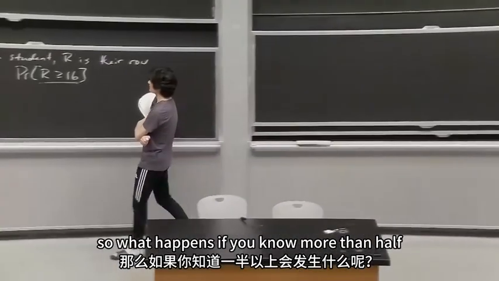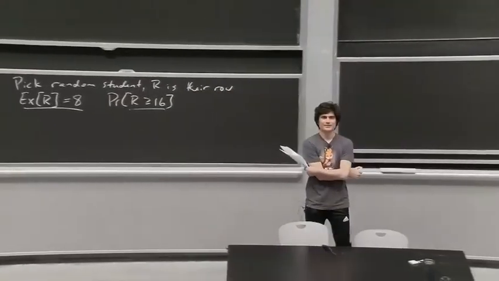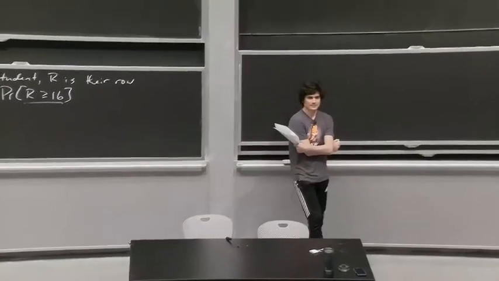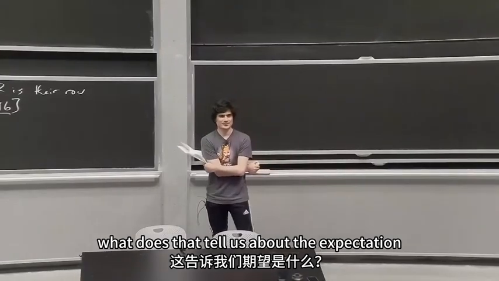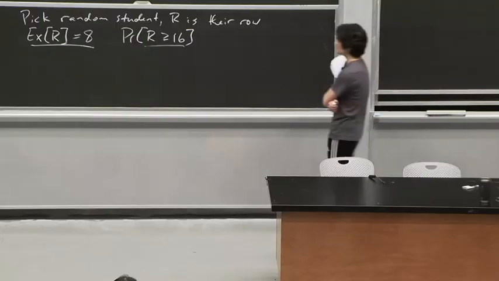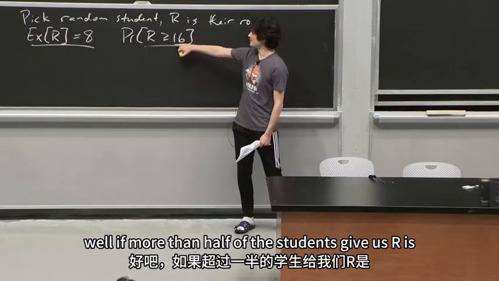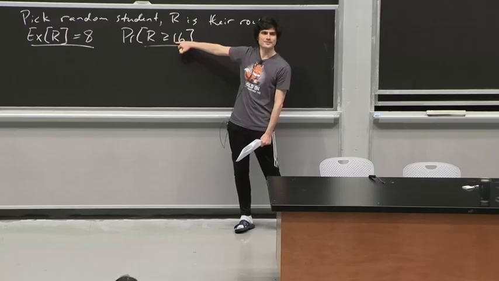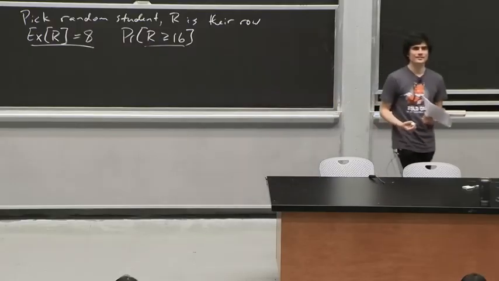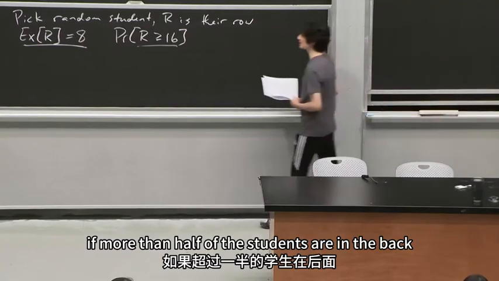So what happens if more than half of the students are sitting in the back 5 rows? What does that tell us about the expectation? Well, if more than half of the students give us R is at least 16, that tells us that the expectation should be at least 8, or, sorry, more than 8, if more than half of the students are in the back.